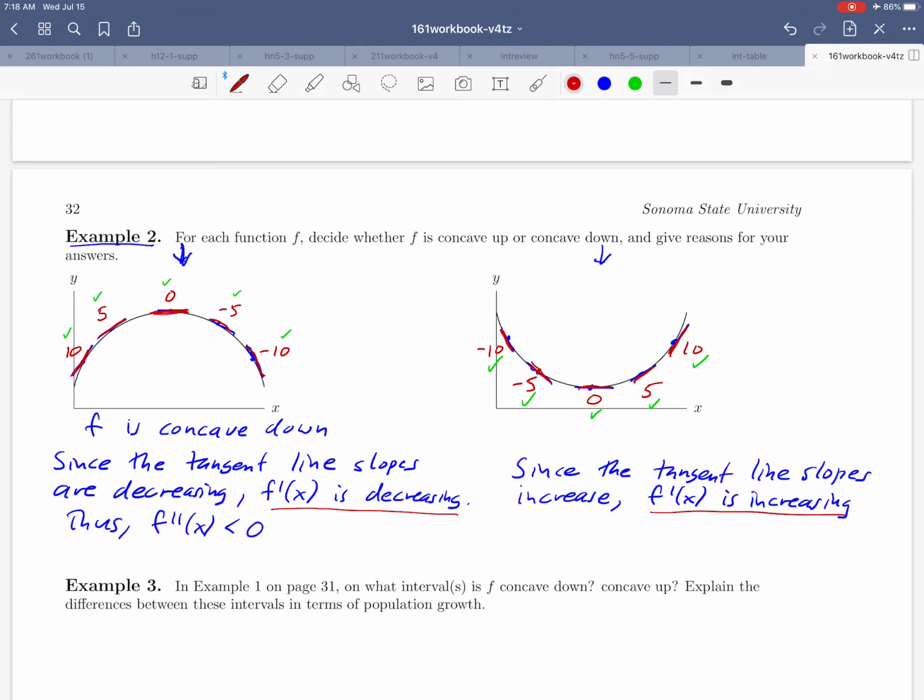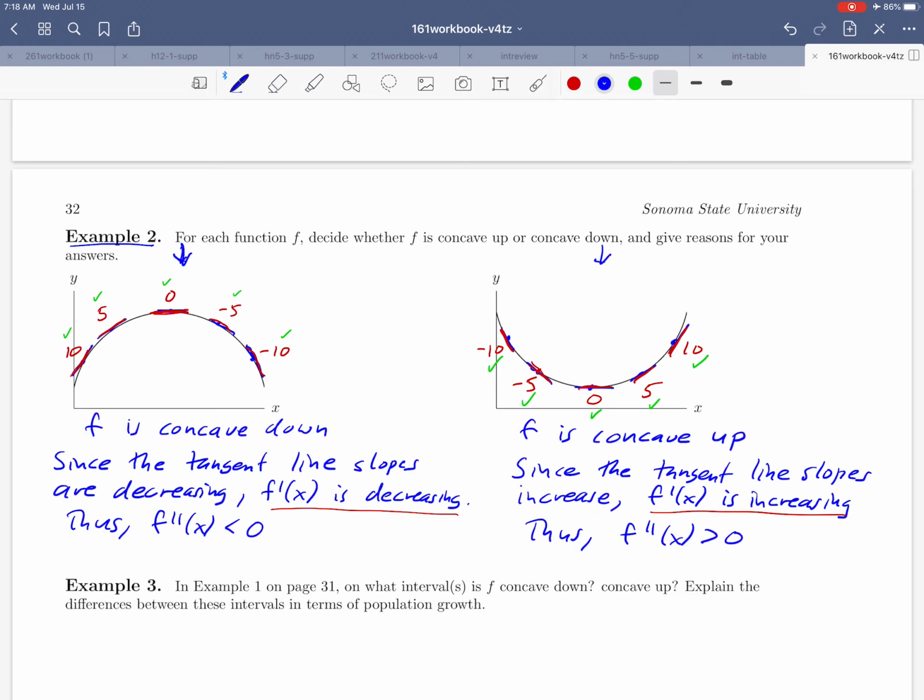And if the derivative increases, that means that its derivative, that is the derivative of the derivative, is positive. And a positive second derivative by definition is what we mean when we say that a function is concave up.